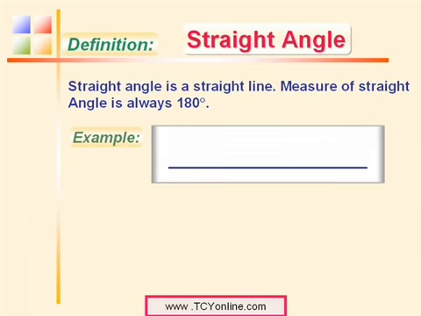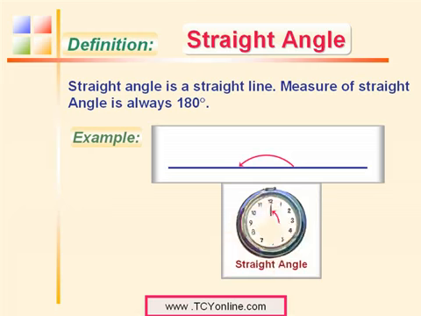This is a straight line and it makes an angle of 180 degrees. So we can say that it is a straight angle. Similarly, let's look at this clock, which shows the time of 6 o'clock. So the hour hand and the minute hand make an angle of 180 degrees because it appears to be a straight line.